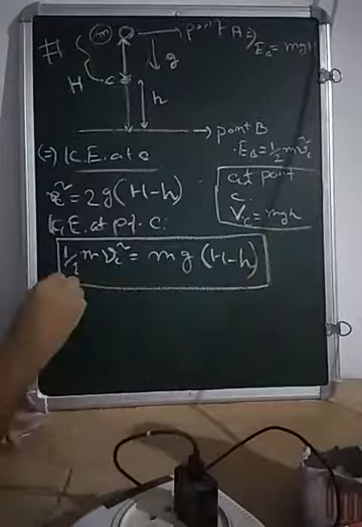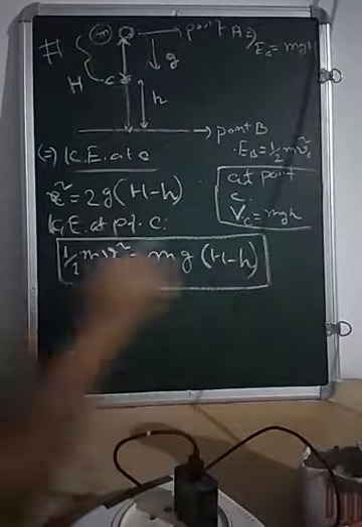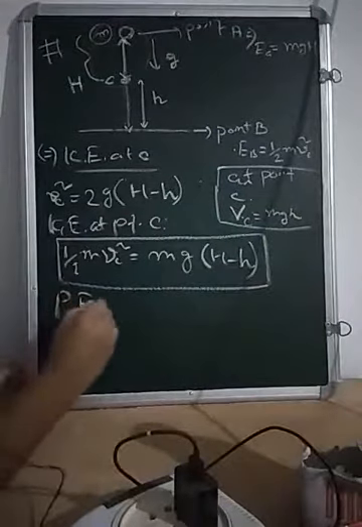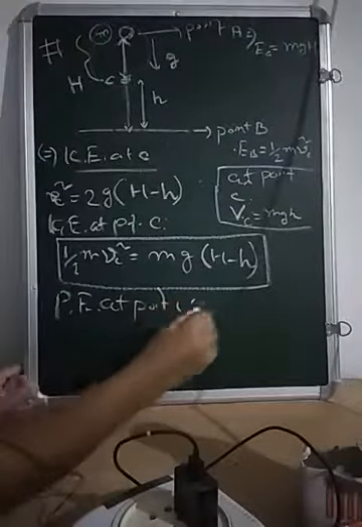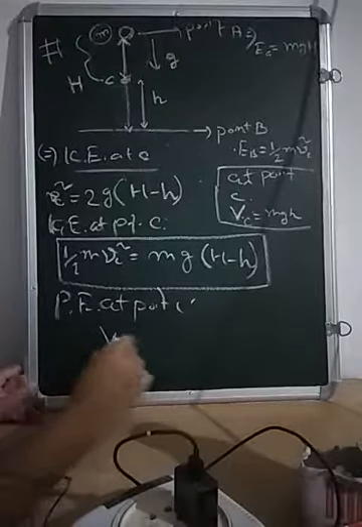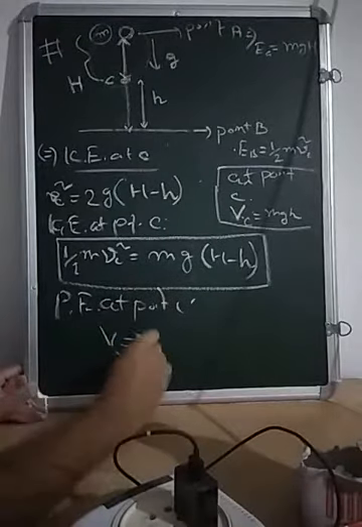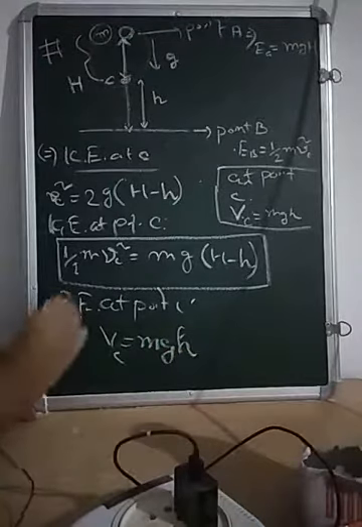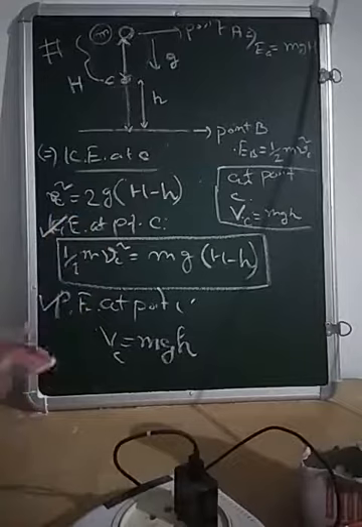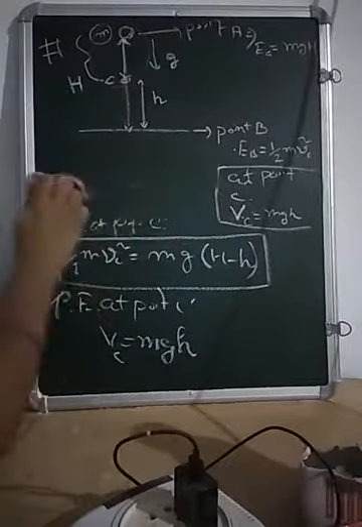Kinetic energy at point C, this much, and potential energy at point C, capital V_C, is equal to mgh. So we know the kinetic energy at point C and the potential energy at point C. So what is the total mechanical energy at point C?